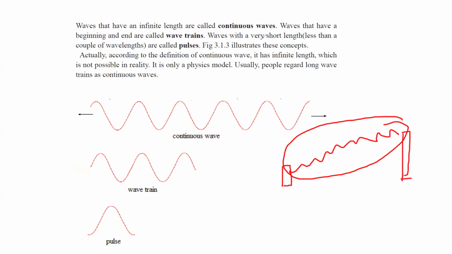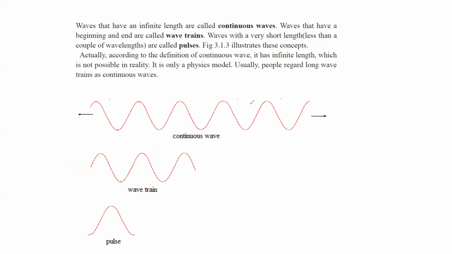But what is the meaning of the term wave train? The wave train means when we have a finite number of waves, and we can identify at which point it started and at which point it ended, we call that a wave train.